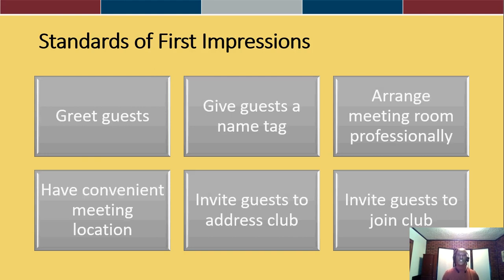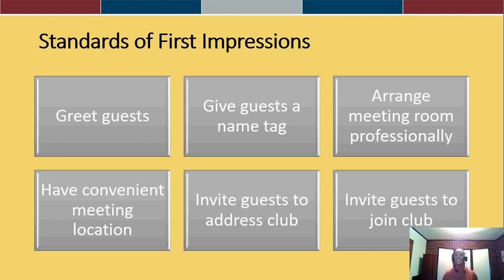Arranging your meeting room professionally is another part of Moments of Truth. I don't know about you, yet I have been in various club environments. As I said, some clubs meet in schools, some clubs meet in churches, some clubs meet in corporations, other clubs meet in public libraries, and no environment is ever the same.